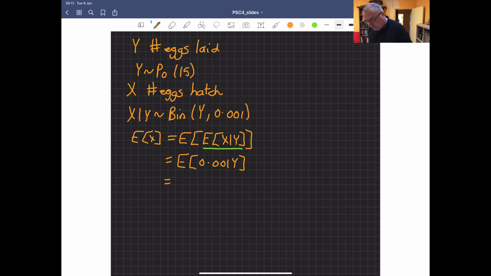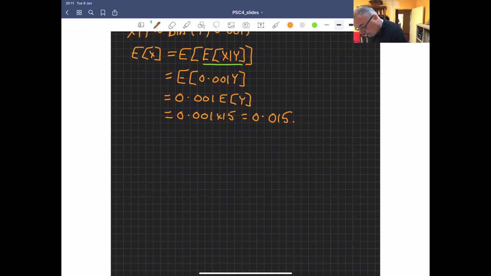Since we've just got a constant here, we can take that constant and bring it out the front. So that's 0.001 times the expected value of y. But y is just a Poisson random variable, so we know the expected value is 15. So that's 0.015. Check, yeah.